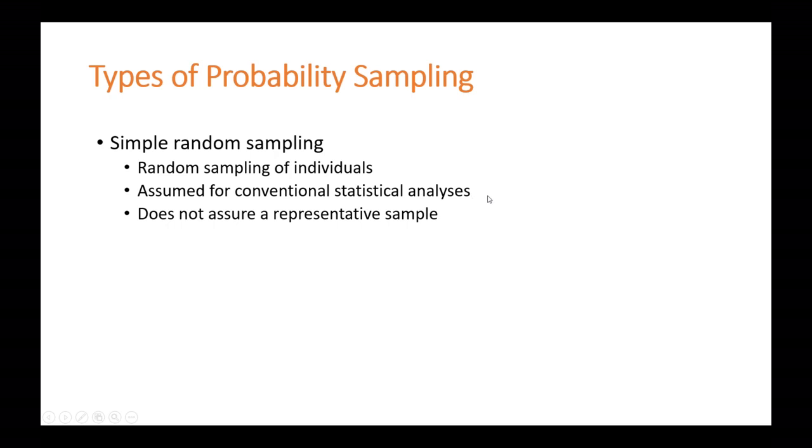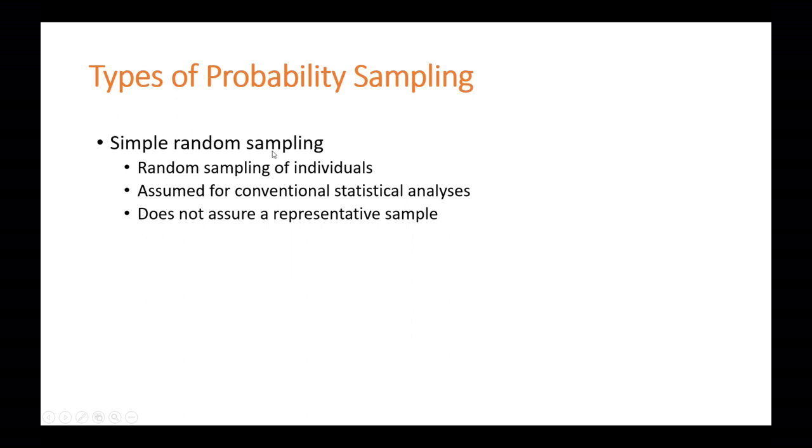So any type of data that you see, most of the time, whenever it's secondary data or even primary data, for any kind of conventional analysis, we assume that this data was randomly selected. There was random selection of individuals from the population.